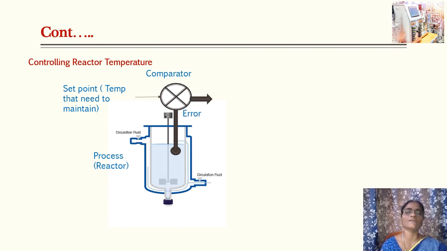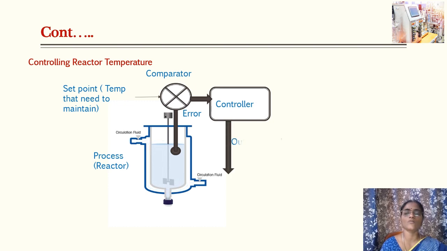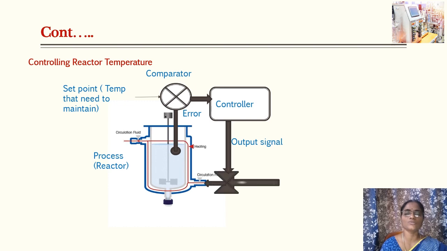Now what will the comparator do? It will compare both values: one is the set point, and the other is the measured variable. Then it generates an error, and that error goes to the controller. The controller takes the error as an input and, proportional to the error, releases an output signal. That output signal is used to control the coolant flow rate in the reactor.